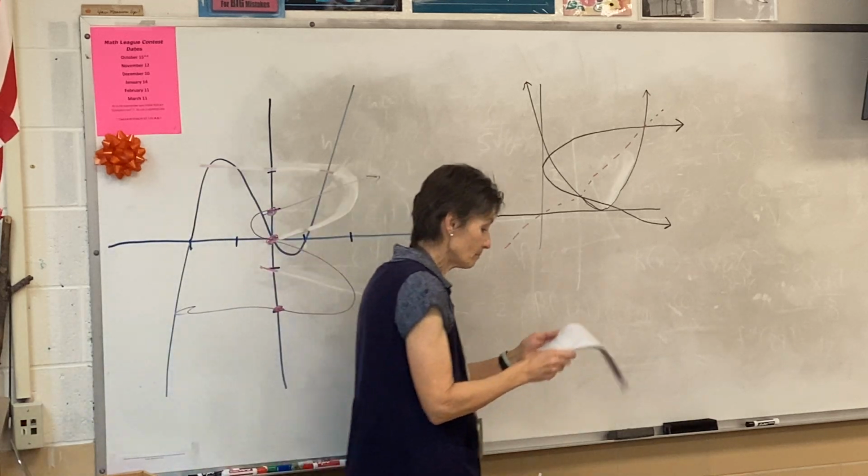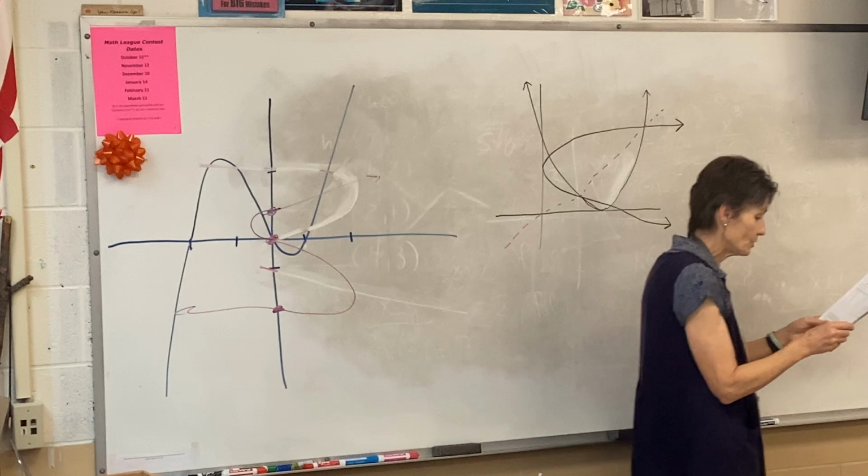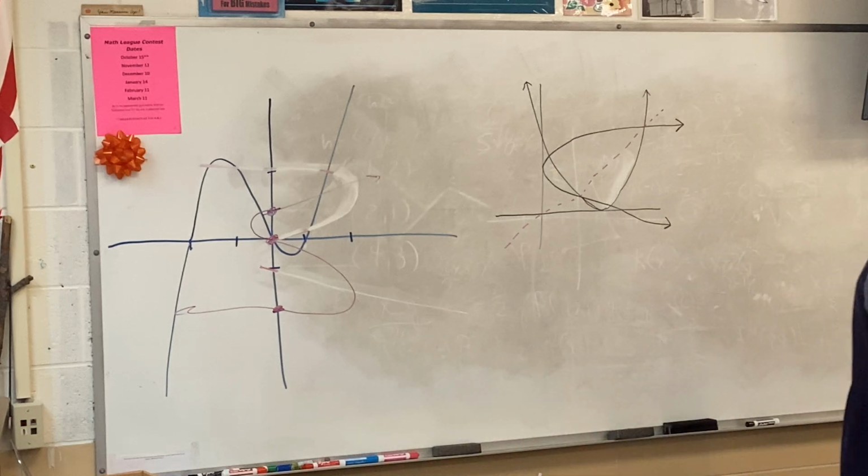Okay. What do inverse functions do? For example, if we plug a 2 into the function, we get 5. But if we plug 5 back into the inverse, we should get 2. Right?